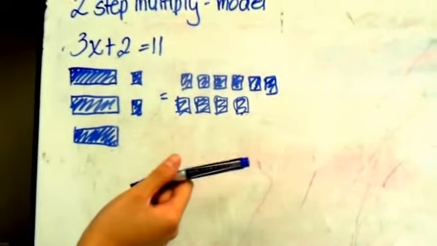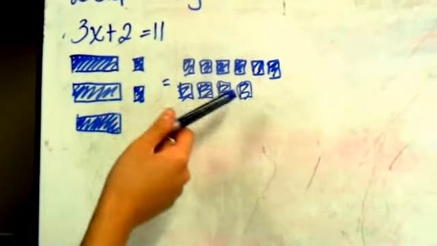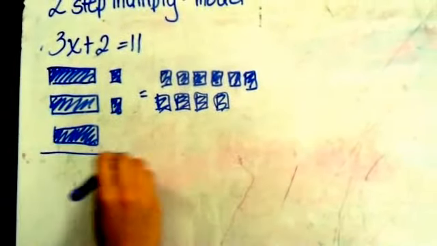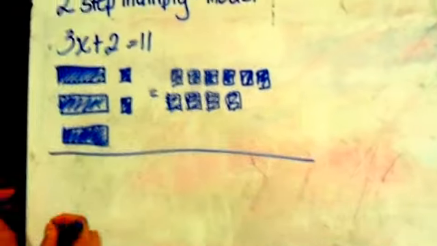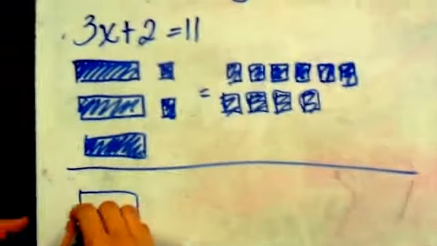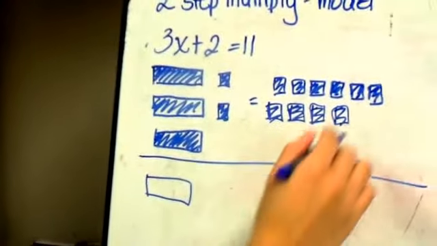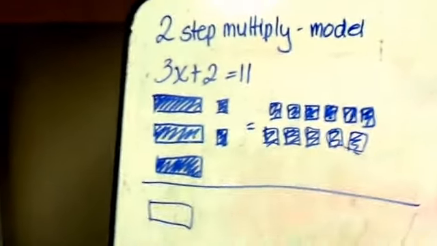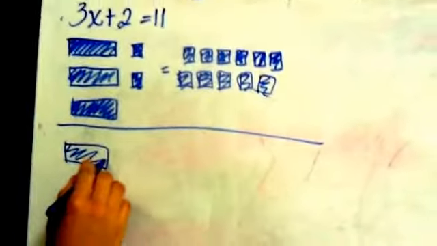So there we have what our equation looks like. And now we're ready to add the second one. Now this is showing. There, now we have 11. Okay.